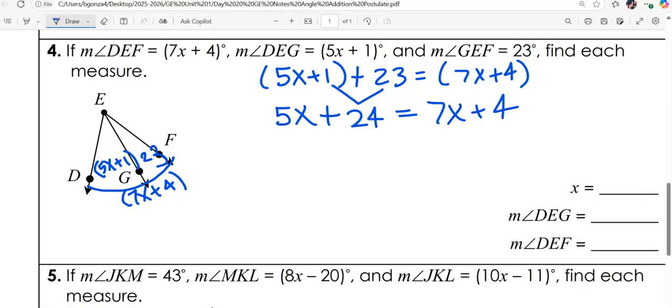This time, x is on both sides. Can it be on both sides? No. Let's get rid of the smaller x, which is 5x. How do I get rid of a positive 5x? Negative, or minus, 5x. Bring down 24. 7 minus 5 is 2.